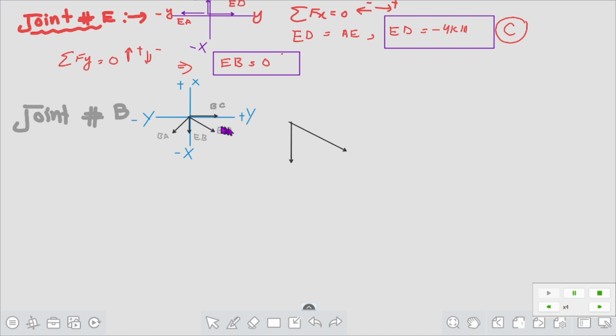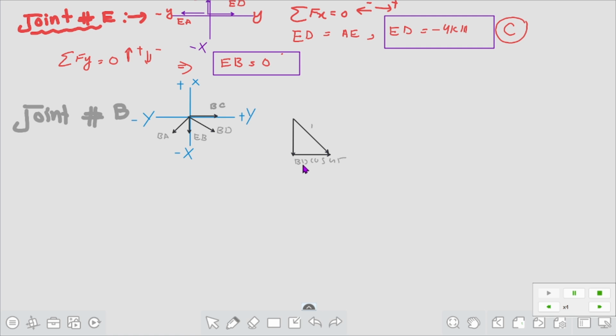If I resolve BD into its component, it will look like this. This is a resultant force BD and this will be its horizontal component.